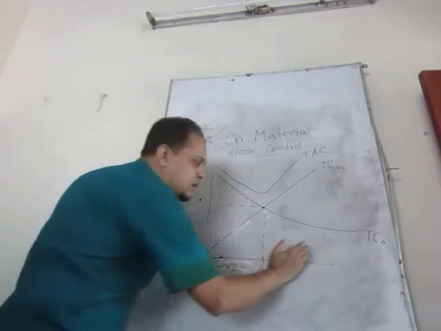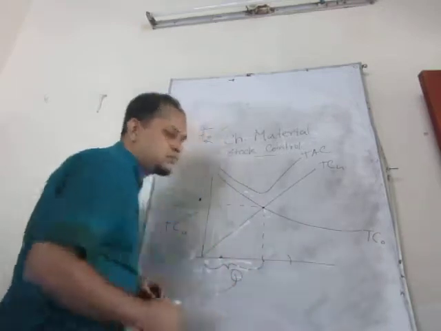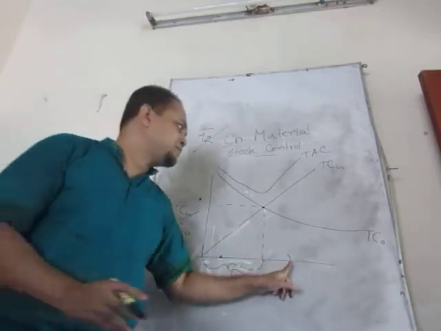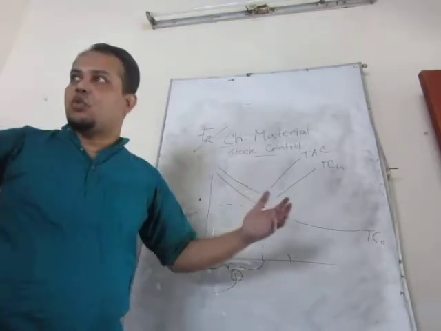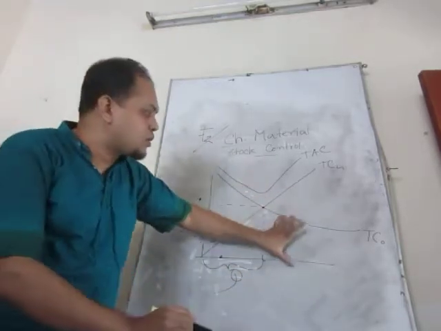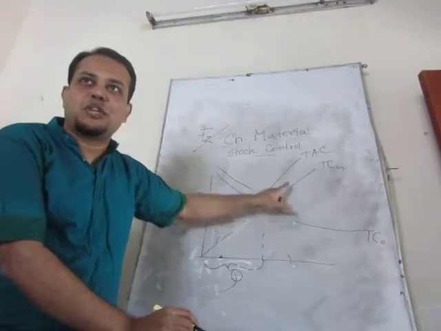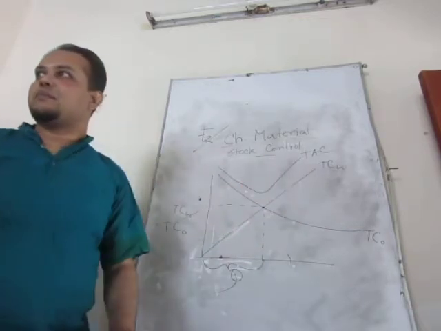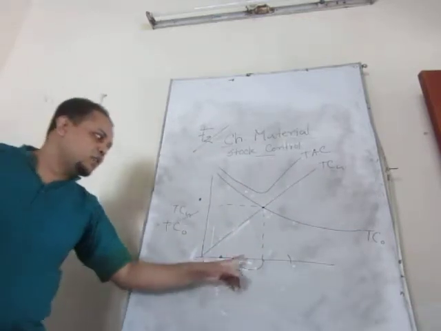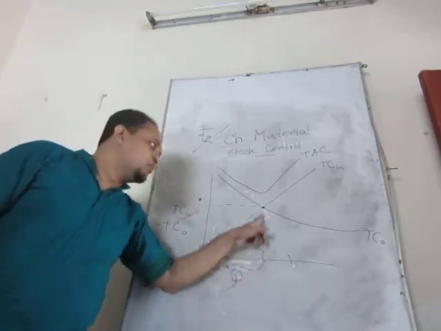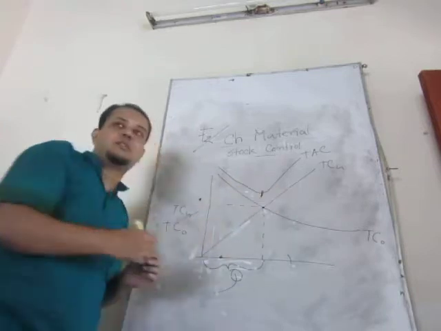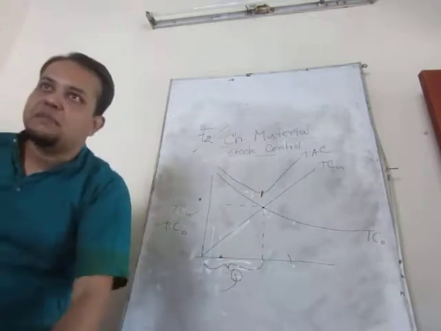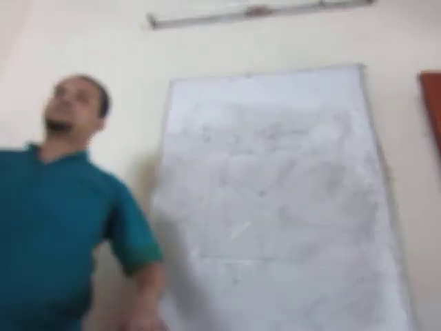If you go further, suppose at this level, your ordering cost goes down because you are ordering in larger volume, but your holding cost goes up. Clear? Only in this position both these costs will be equal, and at this point your total stock related cost will be minimum, least.